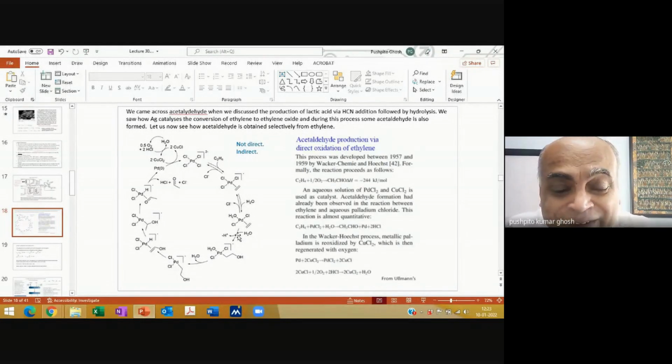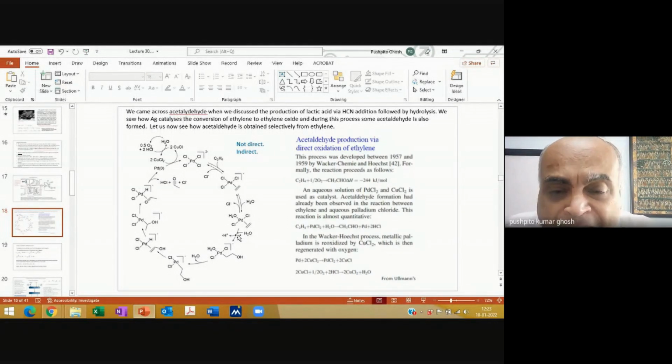They wanted to make ethylene oxide, but what happened was that Wacker showed that in the presence of palladium chloride, ethylene gets converted into acetaldehyde. They did not succeed in making ethylene oxide, but it formed acetaldehyde.